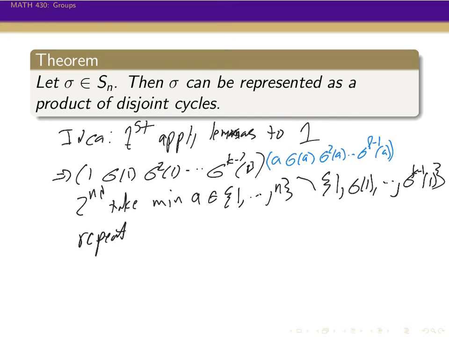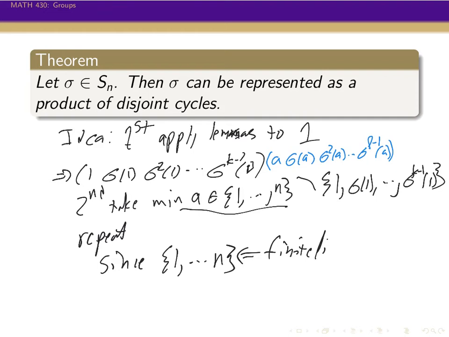And then we just repeat, always taking new numbers that haven't appeared in any of the cycles yet. Since 1 through n is a finite list, and every time we do this process we're removing items from the set, to use them to build a cycle, eventually this process ends.